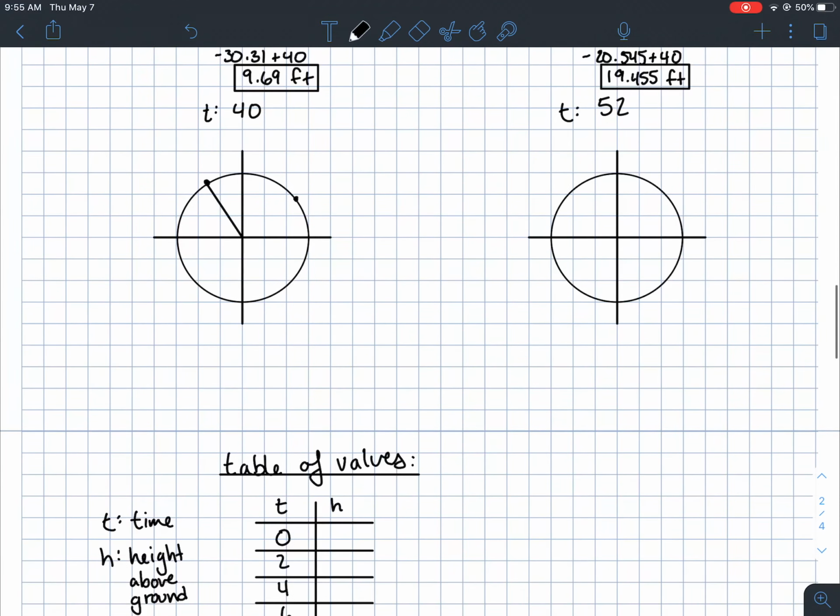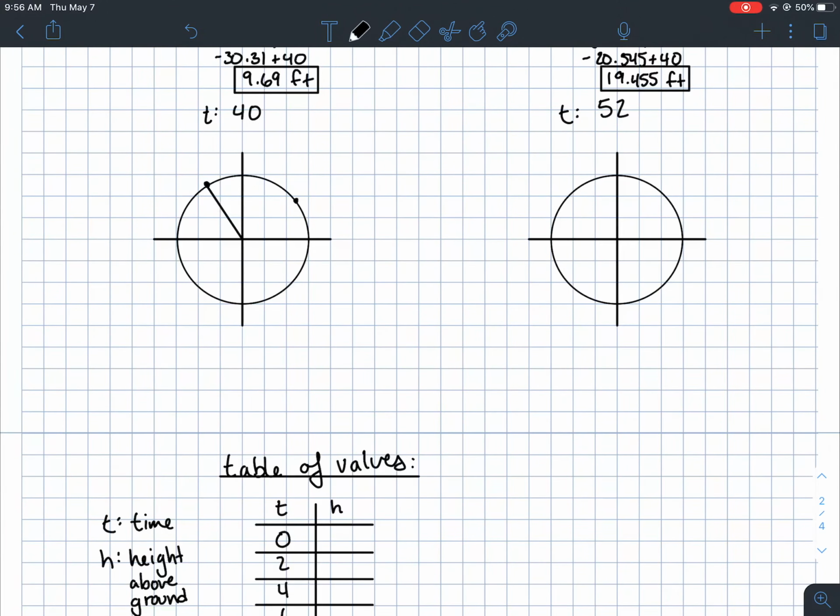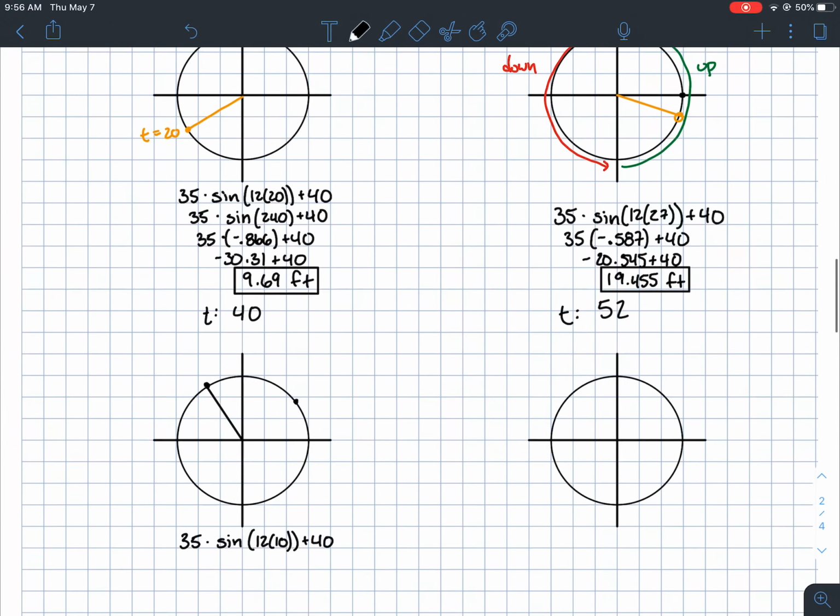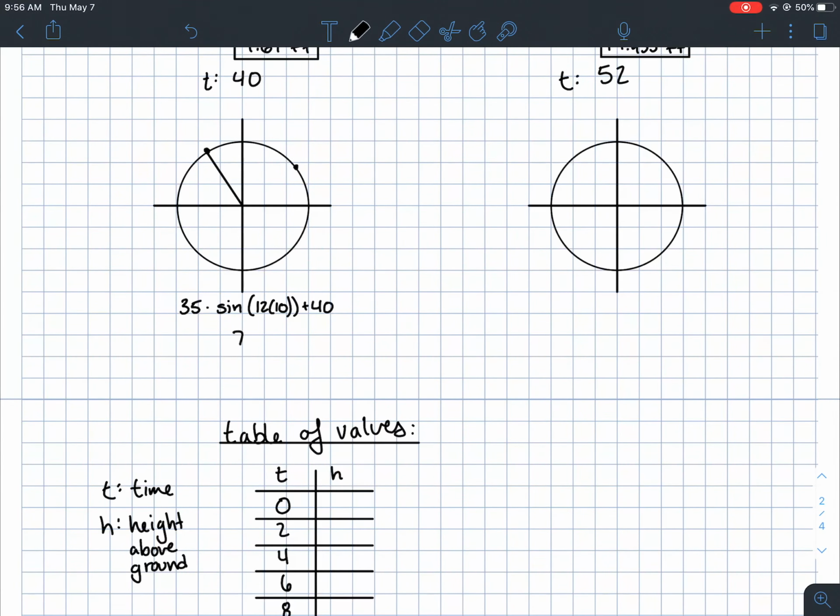So we're going to have 35 sine, and since we've already done that problem, we know that that's going to be 70.31 feet.